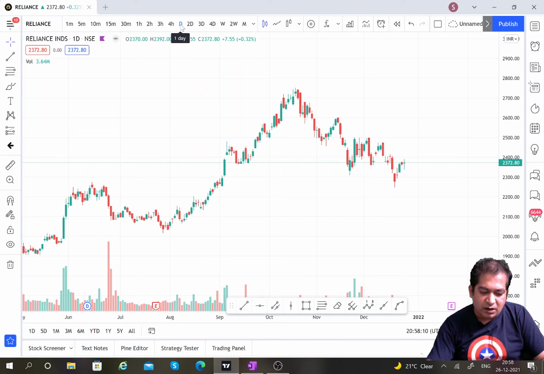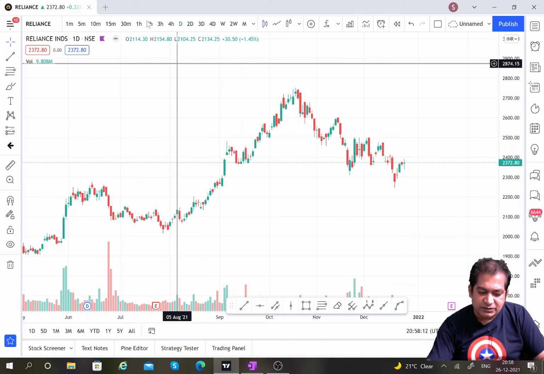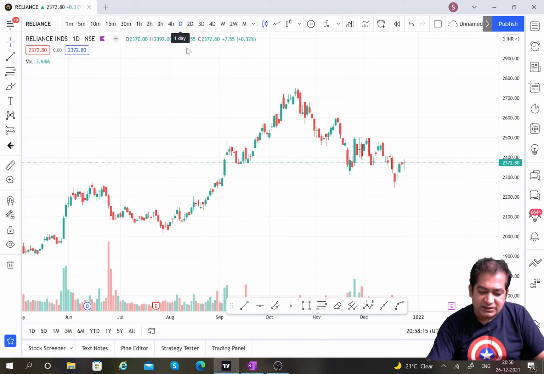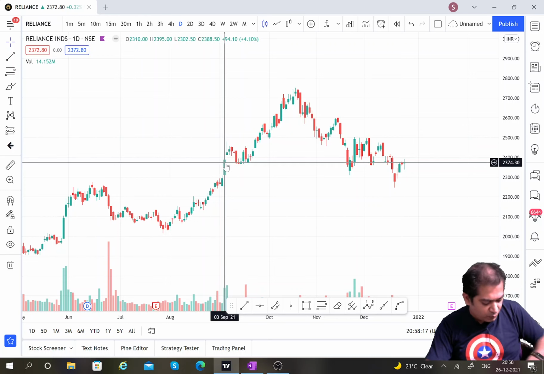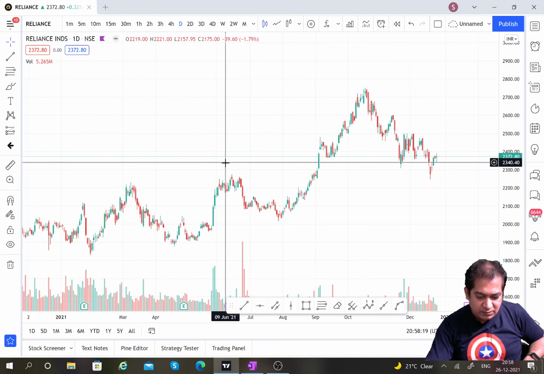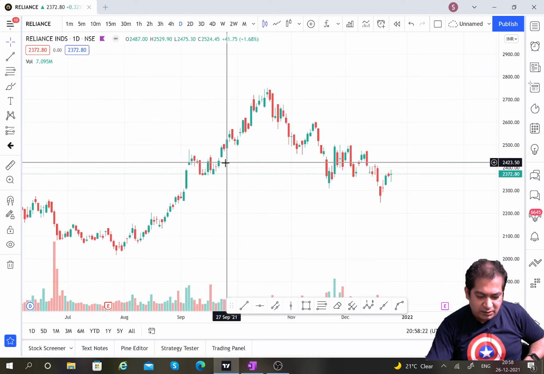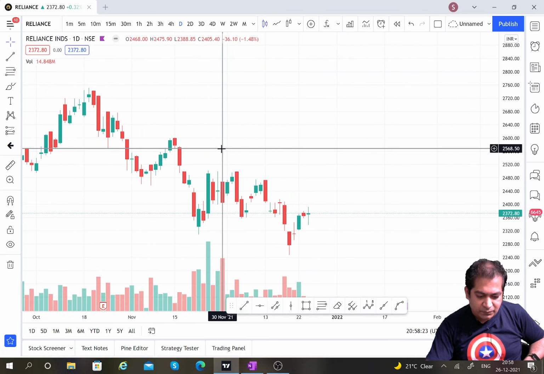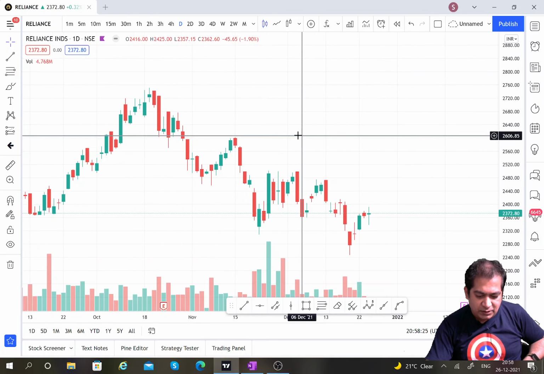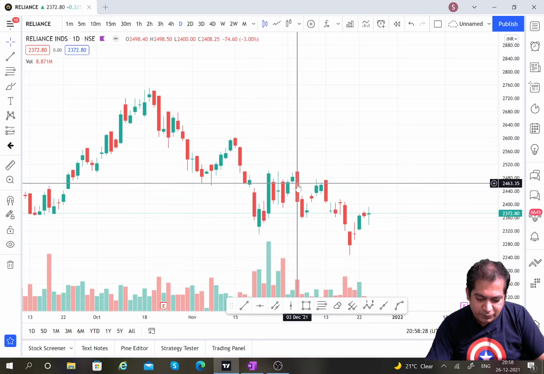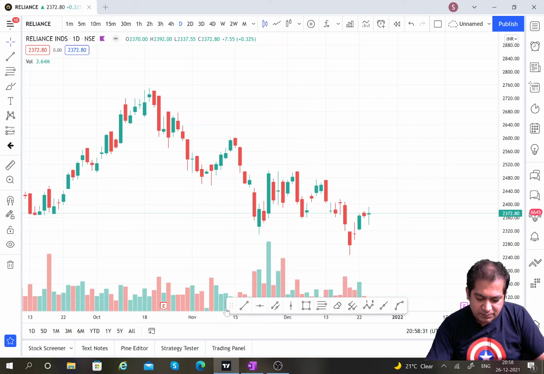Now this is a 1-day chart. You see here, it is a 1-day chart. It means every candle will be worth 1 day. Let me zoom in a little bit. As you can see, if I put the line cursor here, it's 3rd December. Let me move this around a little.